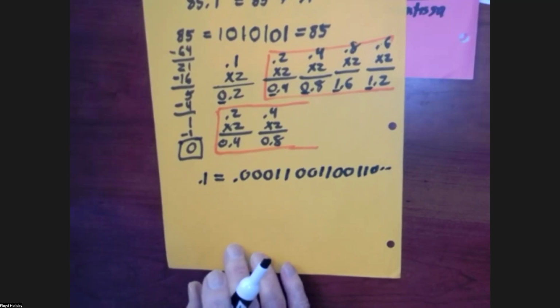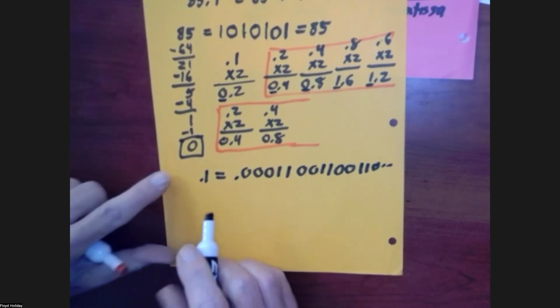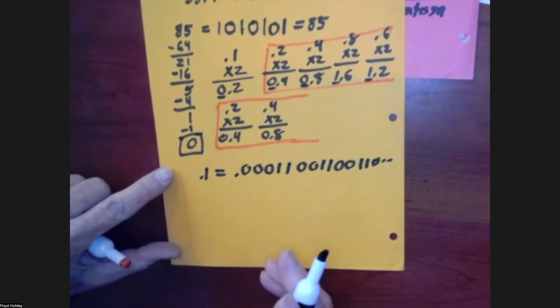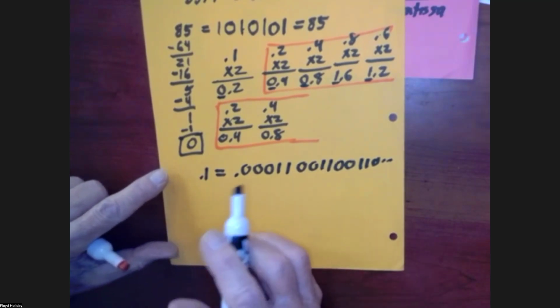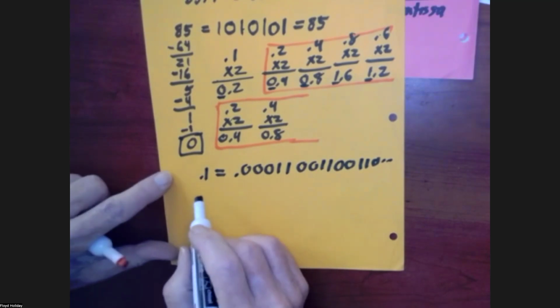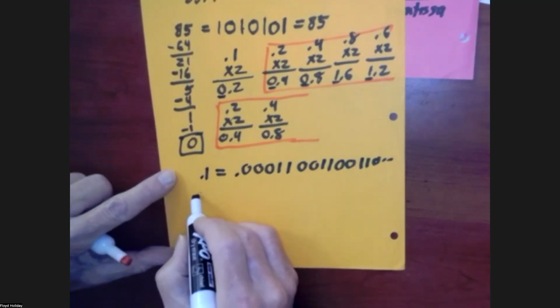Okay, so now we can write our number in binary scientific. Oh, no, it's not quite scientific. It's a binary floating point expression.